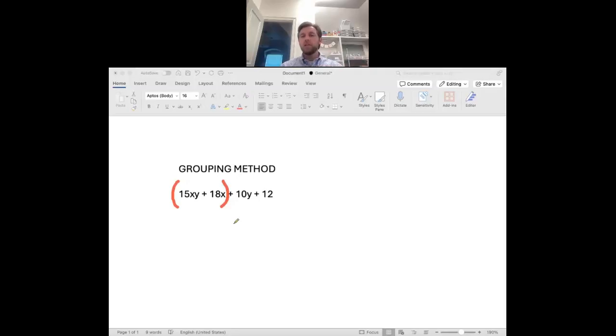What would the GCF of that be if we just did that? 3x. So pull the 3x out. And so that leaves us, when you divide, you still divide by the 3x here.